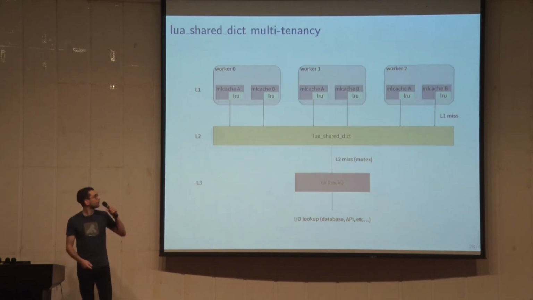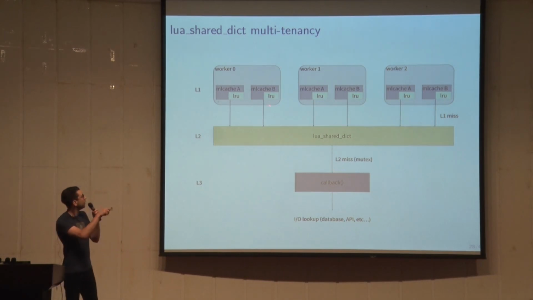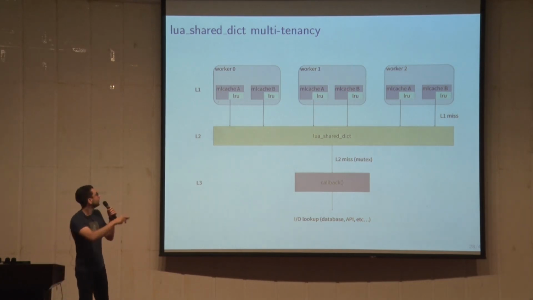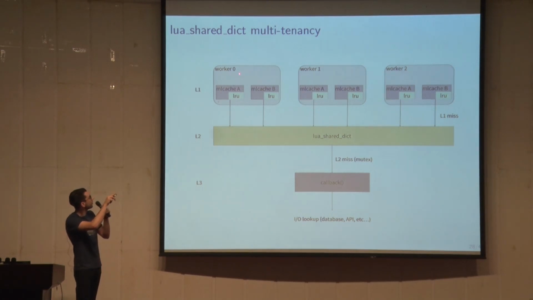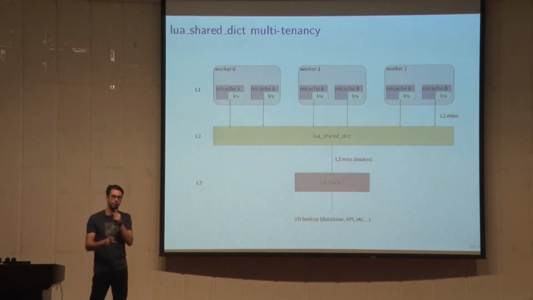And then another deployment option is to deploy mlcache in a multi-tenant fashion. So on top of the same Lua shared dictionary, I can allocate different mlcache instances. Like we talked about, mlcache has a namespace. So mlcache A in worker 0 will be the same as mlcache A in worker 1, and mlcache B will be the same as this mlcache B, but they will share the same shared dictionary, but not the same values.